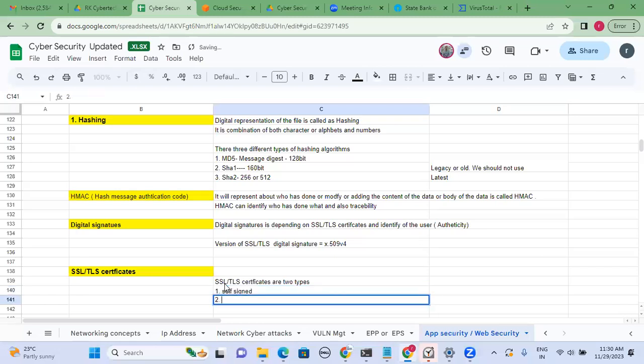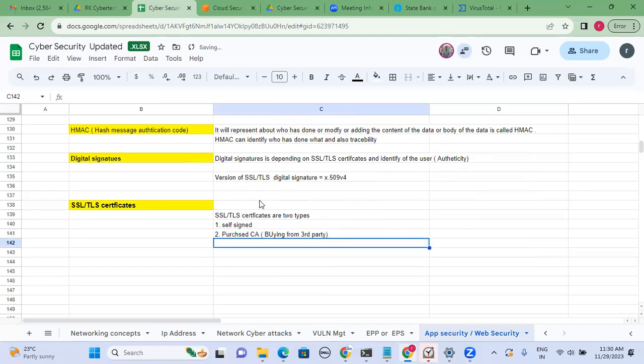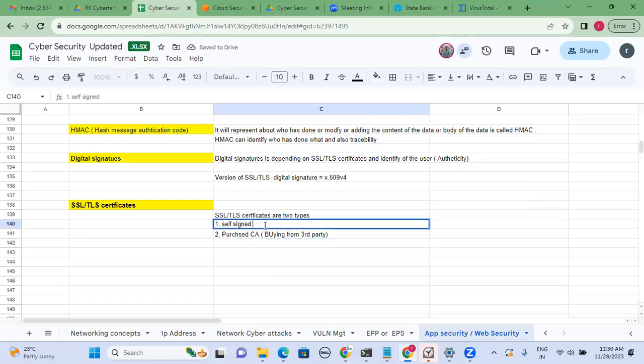The second one is purchased CA, nothing but purchasing or buying from a third party. Buying from a third party is called purchased CA. Self-signed, there is no need to purchase. It's free of cost.